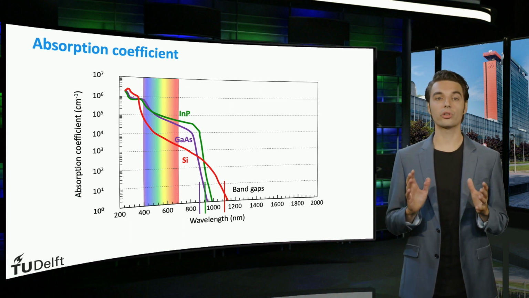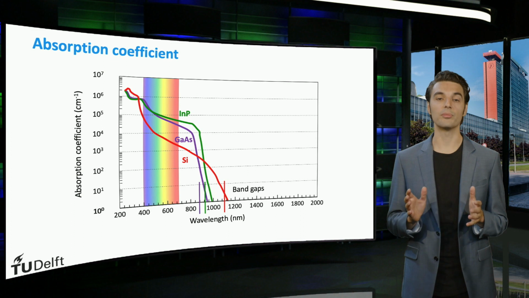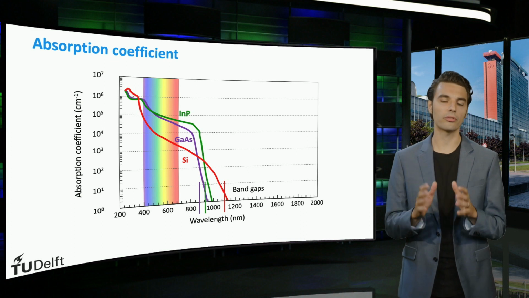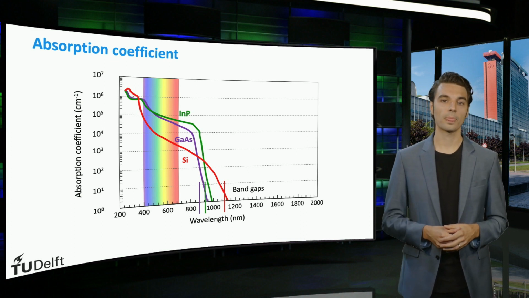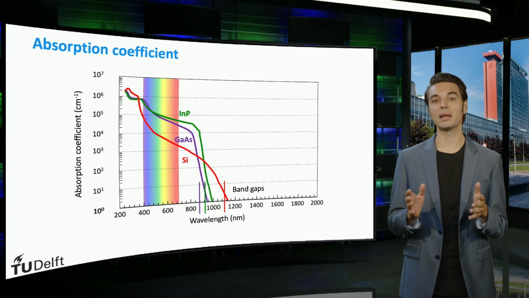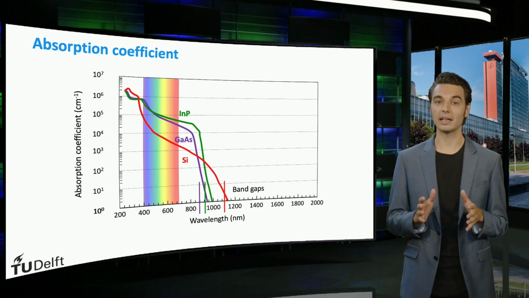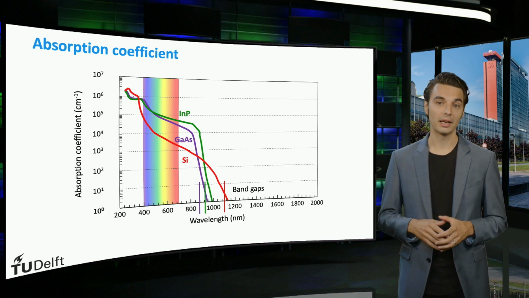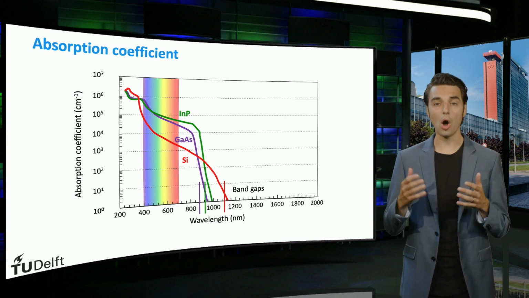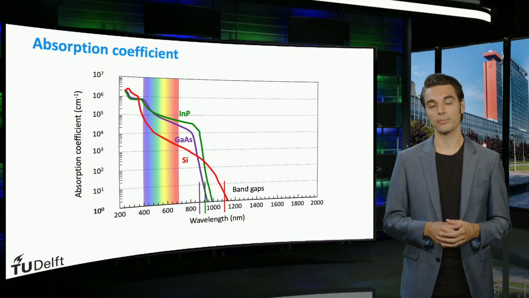This means that for a similar absorber layer thickness, the III-V materials will absorb a much larger fraction of the incident light. This is because for an indirect bandgap material, it is less likely that energy from a photon with an energy exceeding the bandgap can excite an electron, since it also requires a change in momentum.